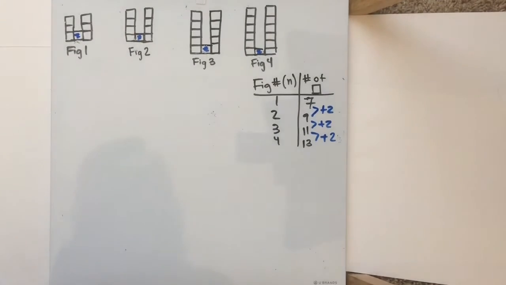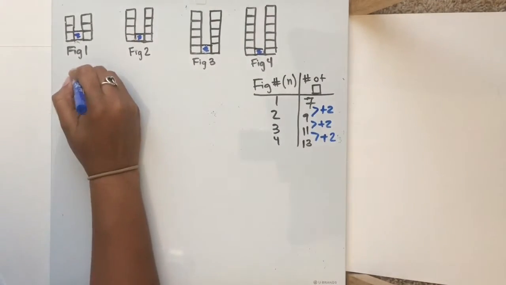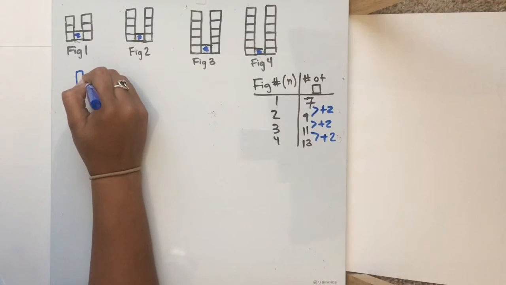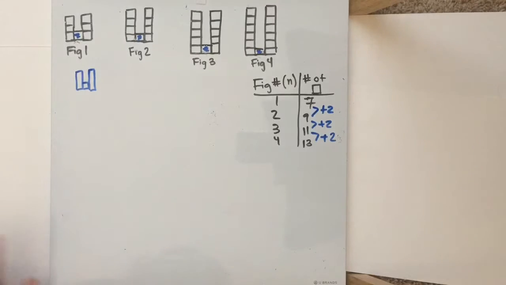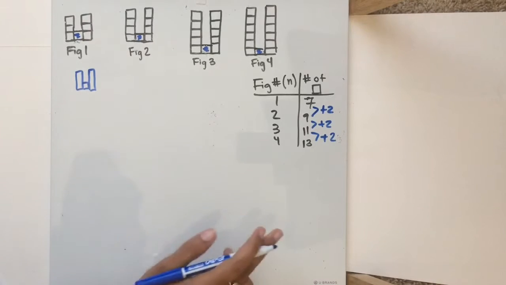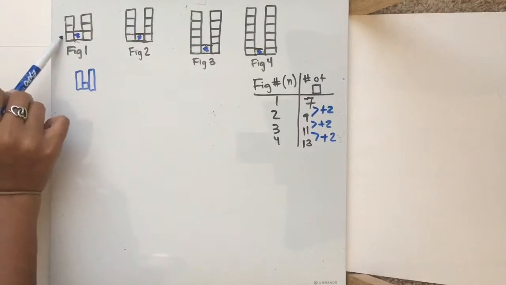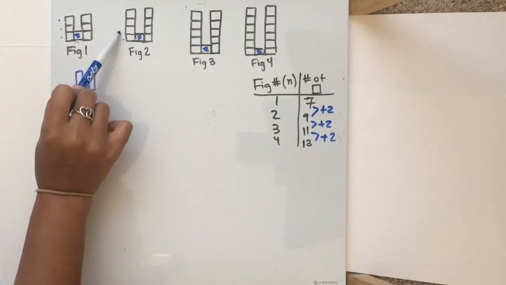So what I noticed is that we have two columns, one on each side of the one square. The only thing different between the figures is the number of squares in each column.